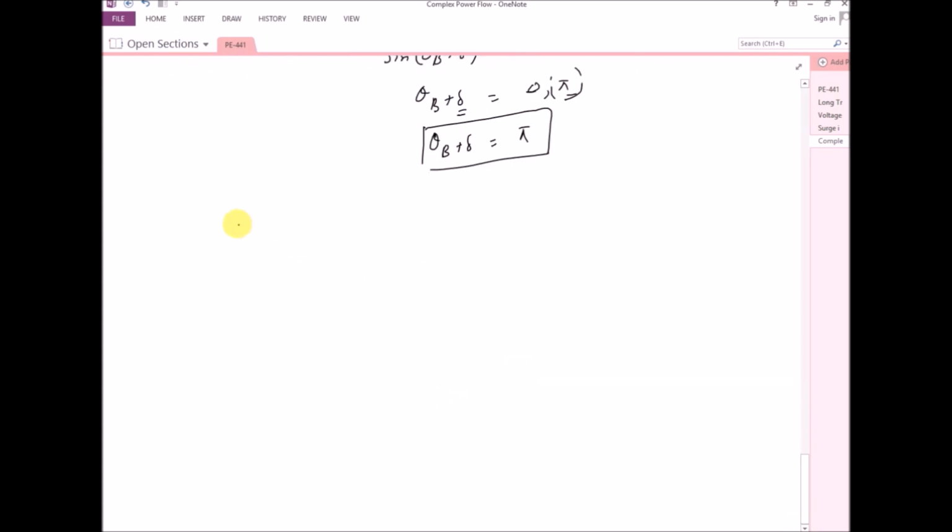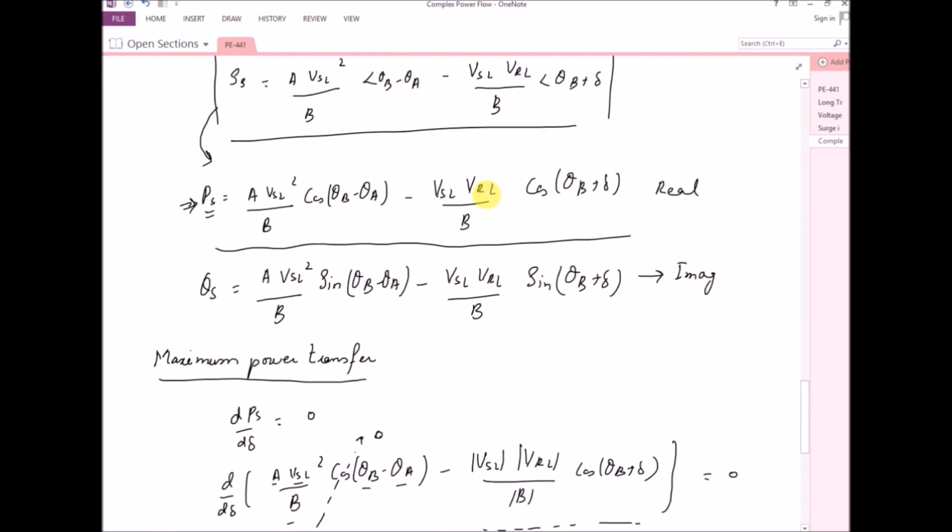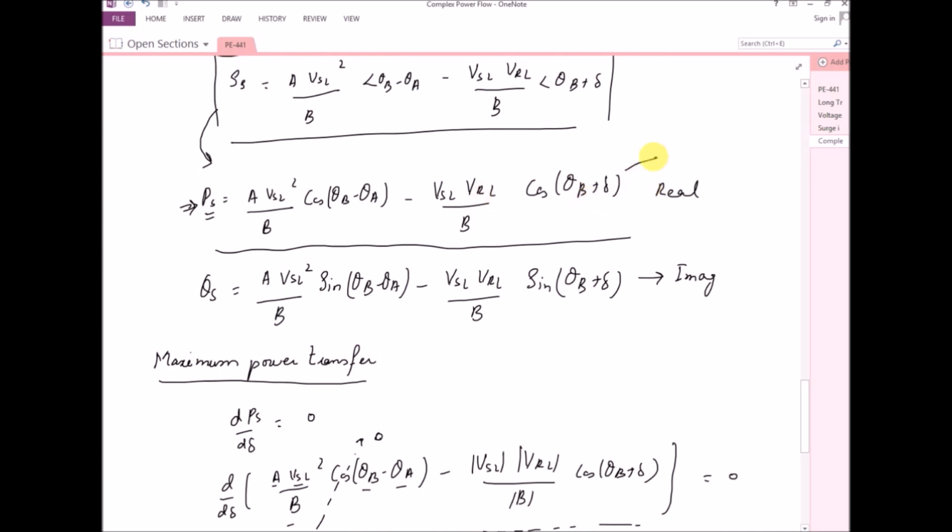So the maximum power equation, that will be PS max. We got the value of theta B plus delta equal to pi, so if we replace theta B plus delta with pi in the equation we calculated for PS, this will give us the maximum power transfer value.